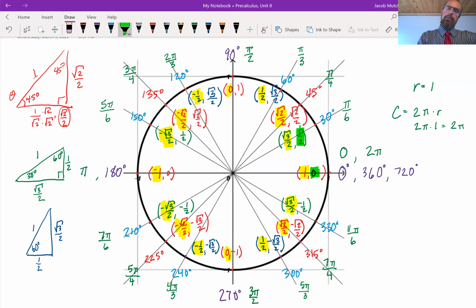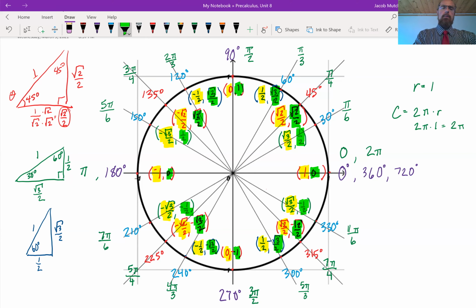So again, I'll go through and highlight those. We're going to use them when we go to graph the sine function. Now, that's for these just x or just y coordinates. Again, the x is the cosine value, the y is the sine value.